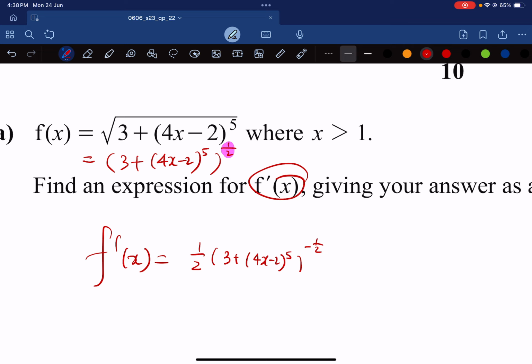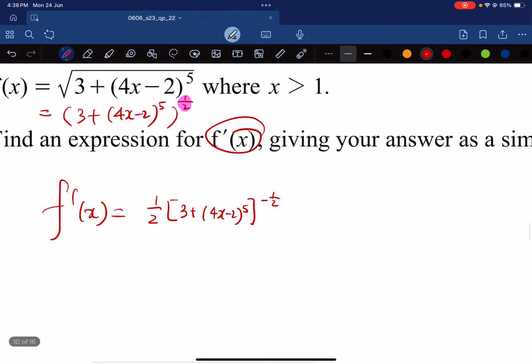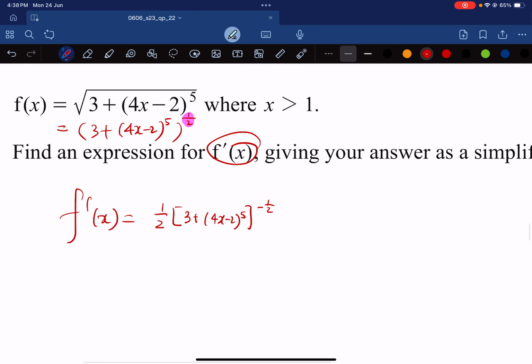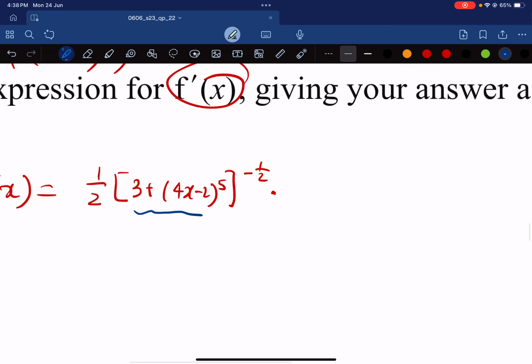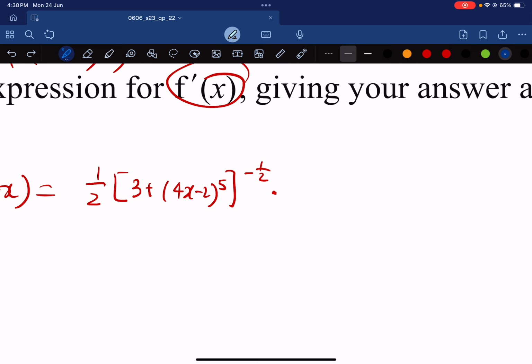To make things clearer, use a different bracket. Times the derivative of the thing inside. The derivative of 3 is 0. The derivative of this thing is: pull the 5 in front, the inside remains unchanged, 5 minus 1 is 4. And the derivative of this thing is 4.